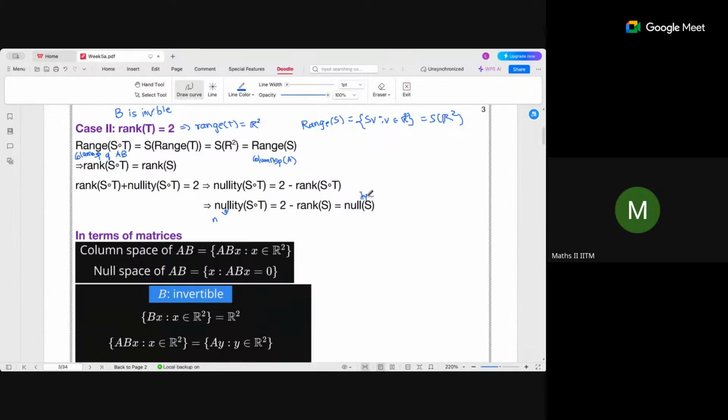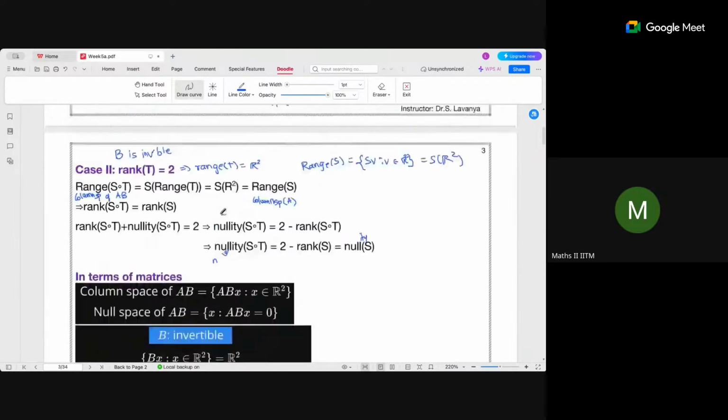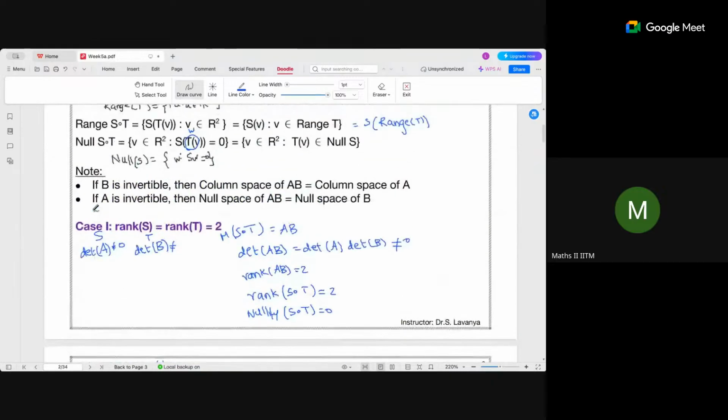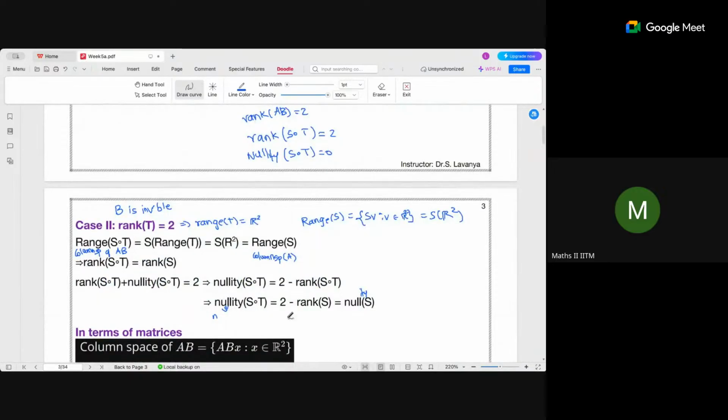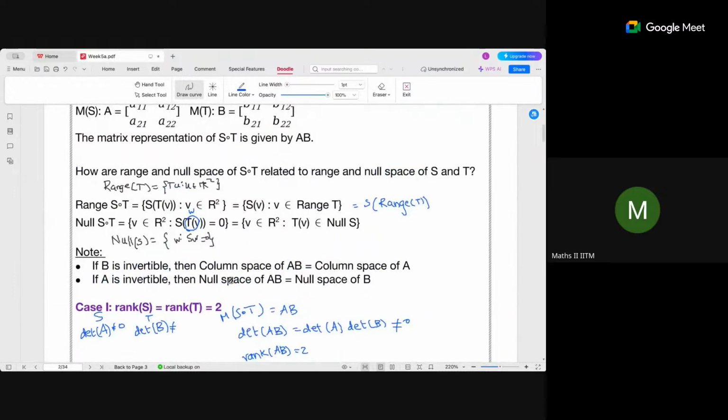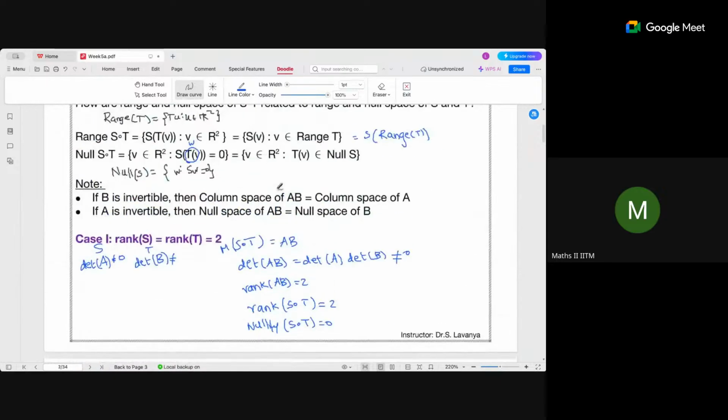From here we cannot conclude this fact. But here you already have the range equal to range, and from that we obtain this statement about rank. So we are able to say the first statement from this part, but here we are talking only about the nullity. So dimensions cannot give the inference that the underlying spaces are equal. So this we cannot prove from here.